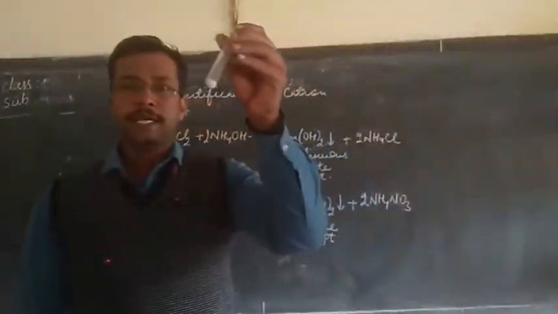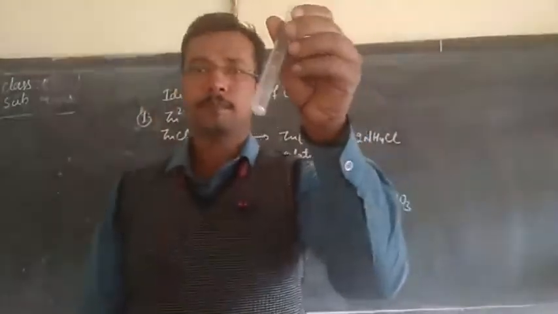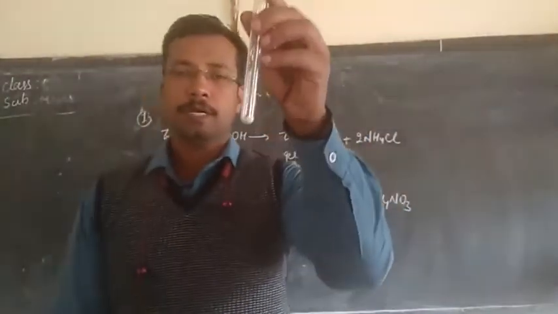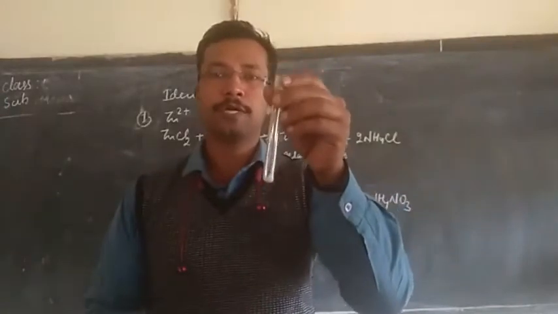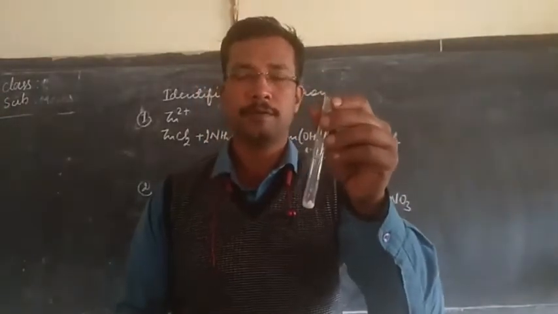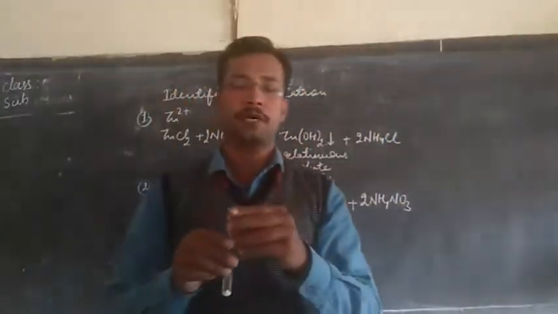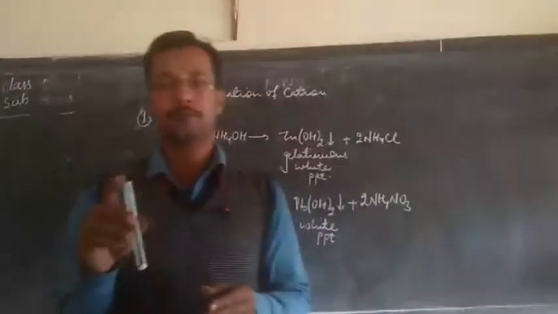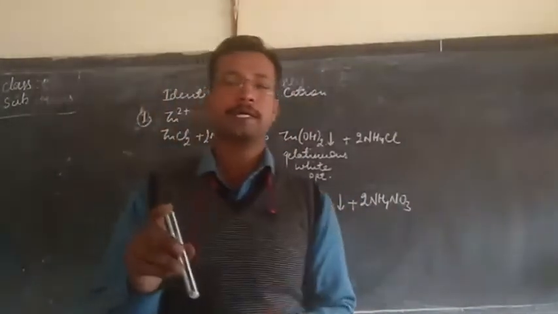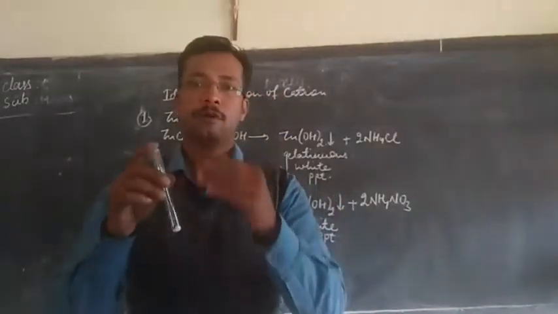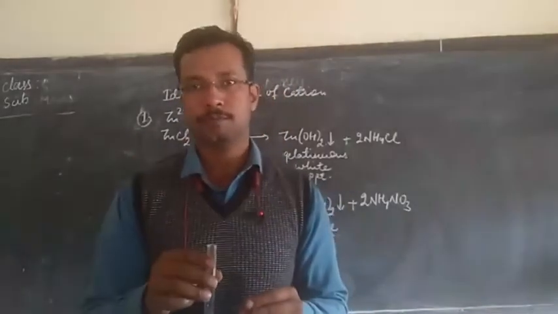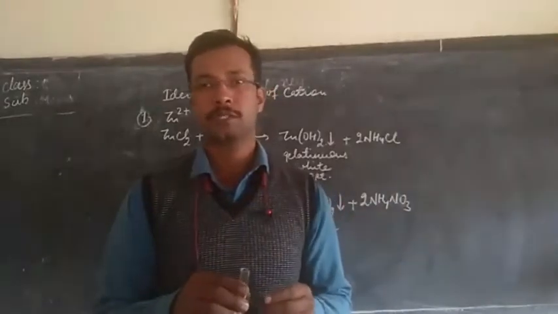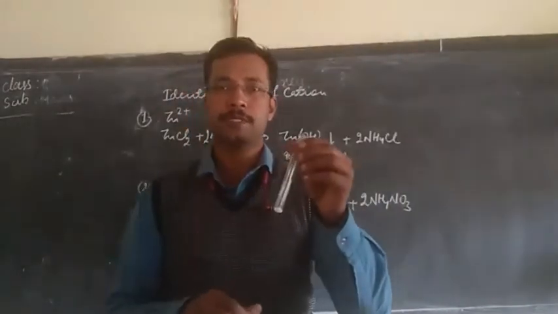As you can see, I have taken lead nitrate salt, and now I will be adding water to it to make a solution of lead nitrate, and then slowly we are going to add ammonium hydroxide to it. And remember, you will get the same color precipitate on adding sodium hydroxide also. So you can try it with sodium hydroxide too; you will get the same result.